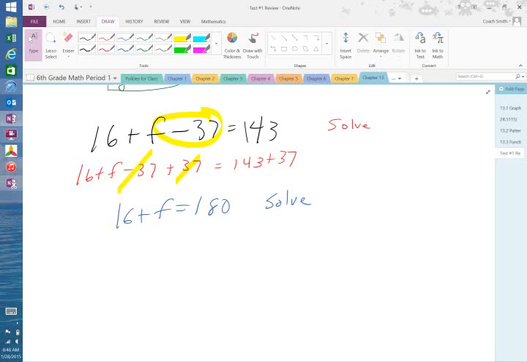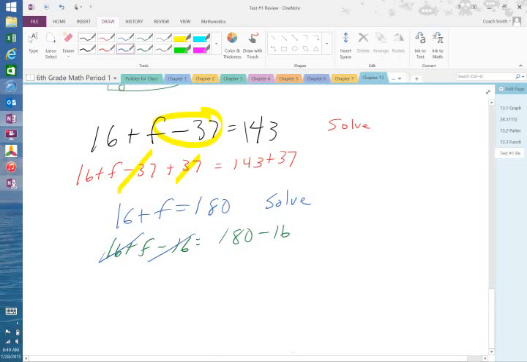No, isolation means it's by itself. So no, I have not isolated F. So now we must go 16 plus F minus 16 equal 180 minus 16. Because these two on the left cancel, what is 180 minus 16?